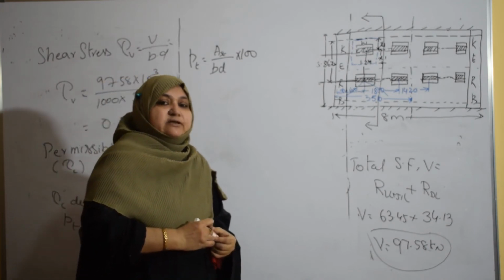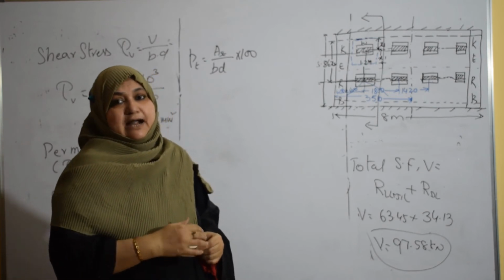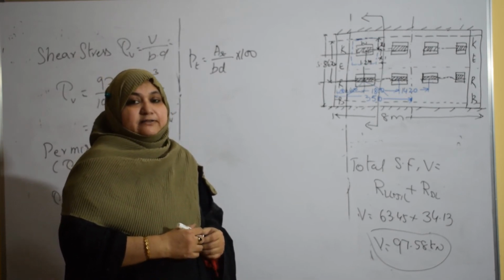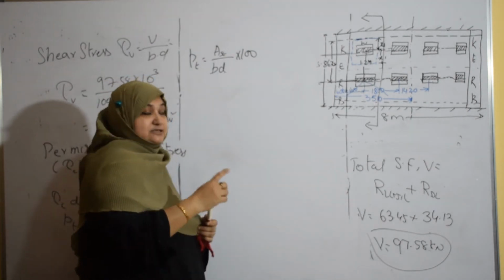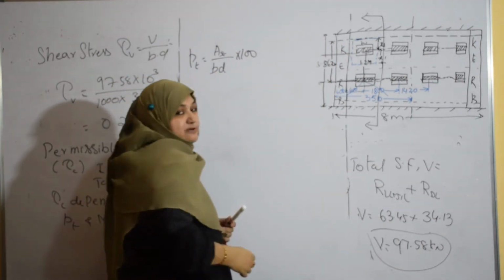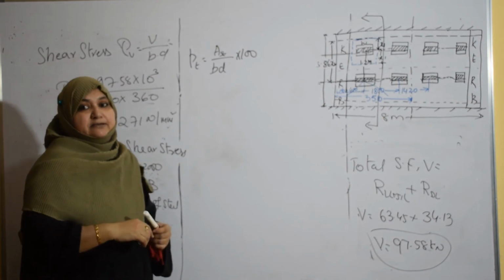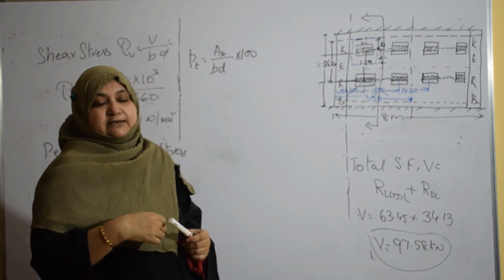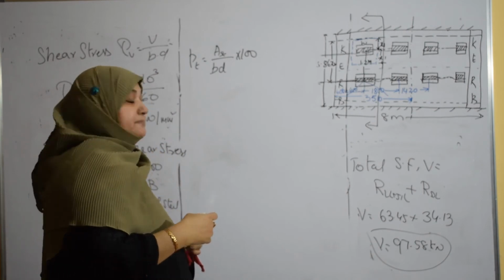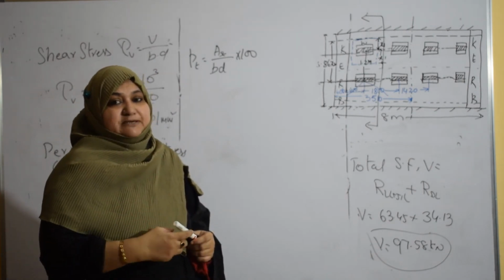Generally we do bar bending, and alternate bars are bent. That means 50% of the steel will be near the support, not the entire steel. Near the support 50% of the steel will go, because alternate bars will be bent. So from the area of steel we got in the design step, we have to take 50% of the steel.